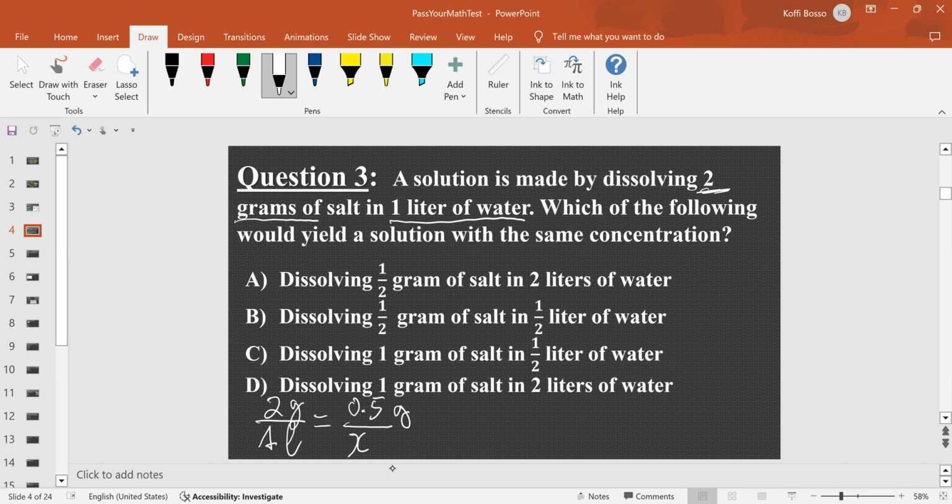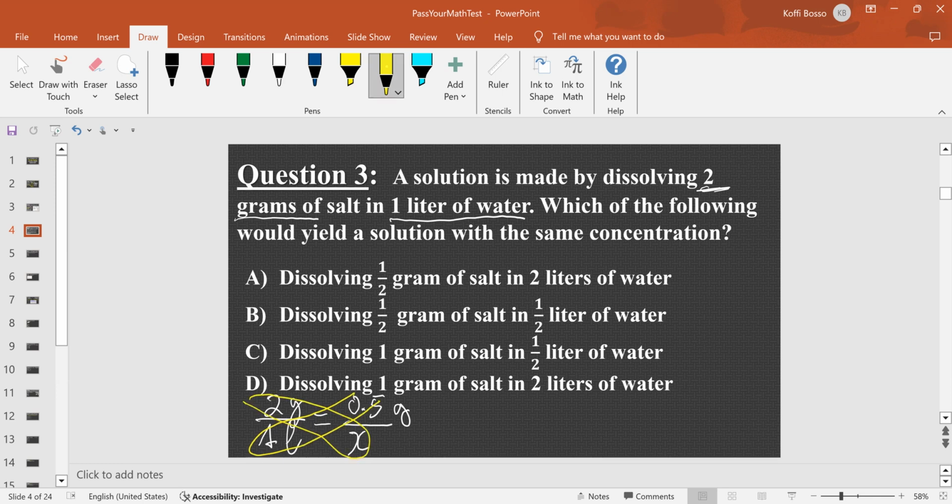So as a proportion, that means what? I could cross multiply. So this is telling you that to find that x, you will do 1 liter multiplied by 0.5 gram, everything divided by 2 grams.